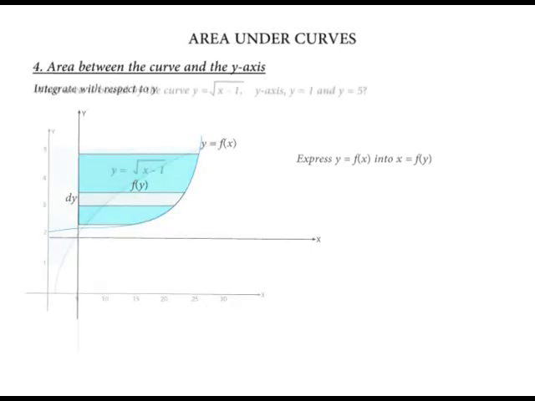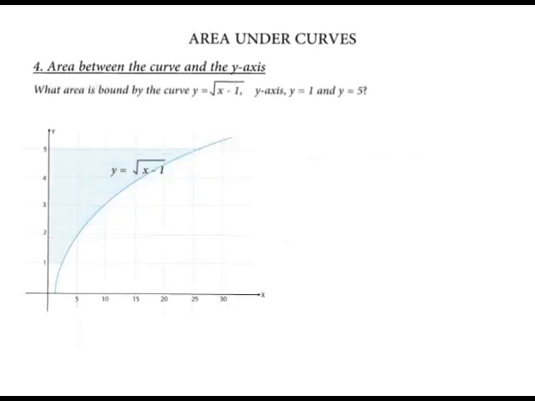For example, find the area bound by the curve y is equal to root x minus 1, the y-axis, the line y is equal to 1, and y is equal to 5. In this case, we express x in terms of y. We have y is equal to root x minus 1.